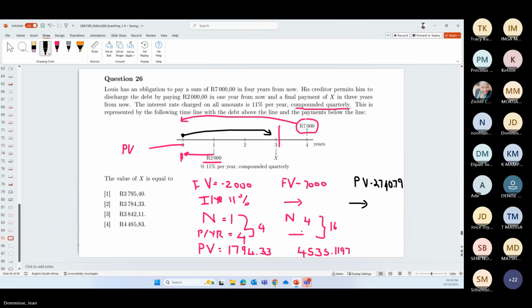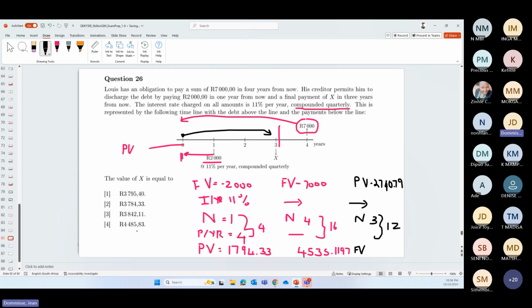Still 4 times per year, but now N is 3. So it will be 12 periods, and then we need to get the future value, and let's hope one of those is an answer. Okay, so 11%. Then 3 years, so it's 12 periods.